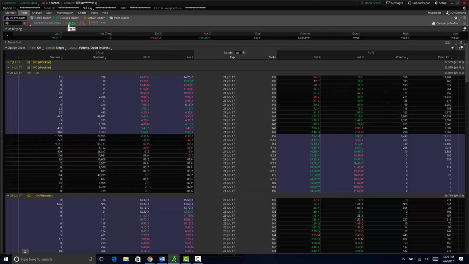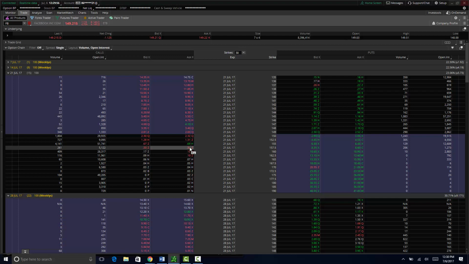So Facebook, if I look at 149 and it moves $5.70, I can look to about 156 and change. And to the downside, I can look to about 143-ish or so. The 143 puts are going for about 75 cents. I could look to the upside, let's say the 157.5 calls for about 35 cents.